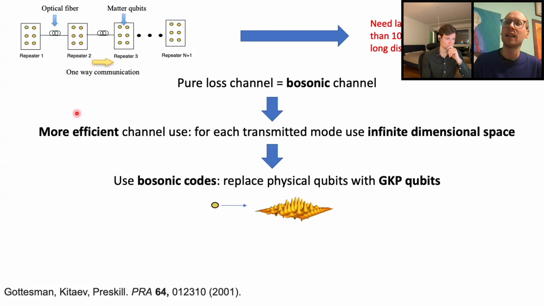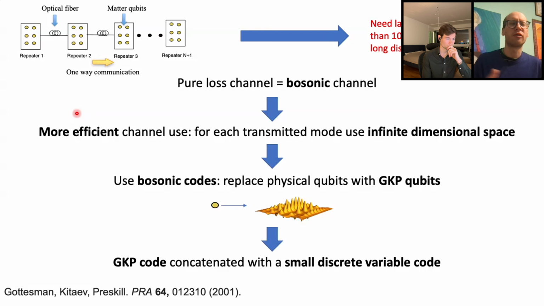One example of that is this GKP code that I will soon introduce. We can think of this GKP code as concatenated with some other code, meaning you can take multiple of those GKP qubits and entangle them together to get even more protection from loss.